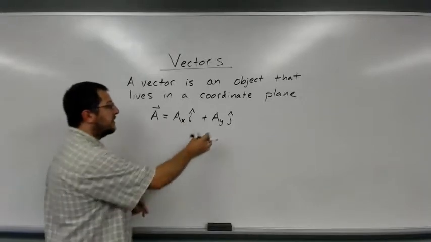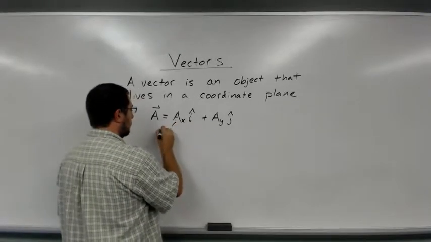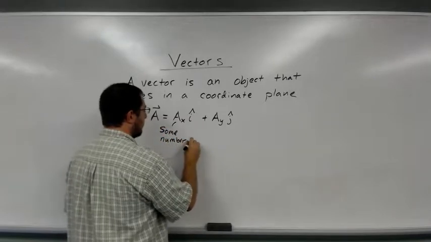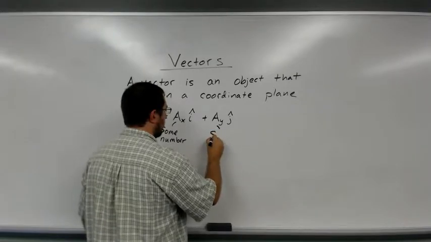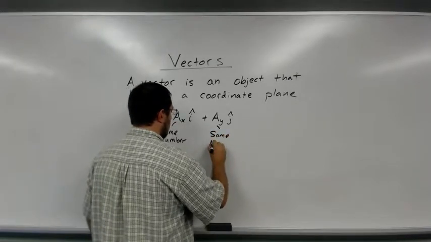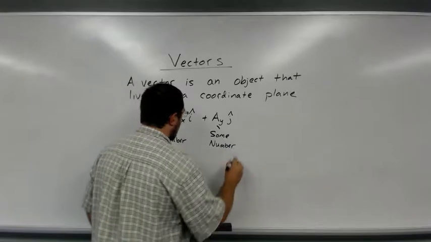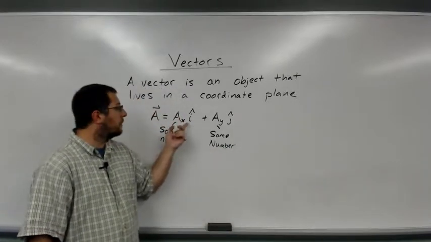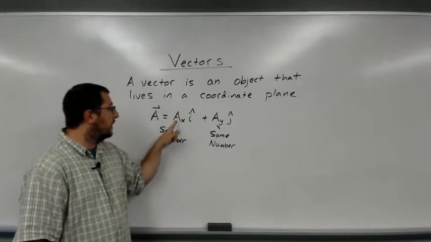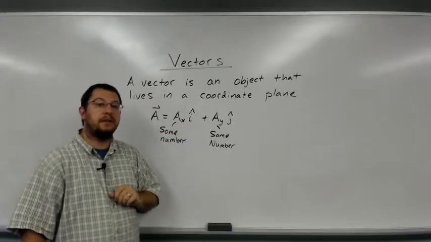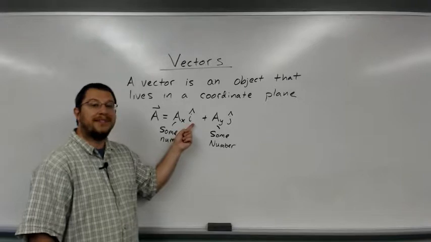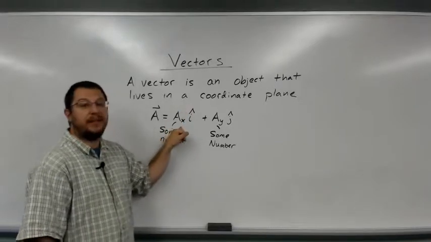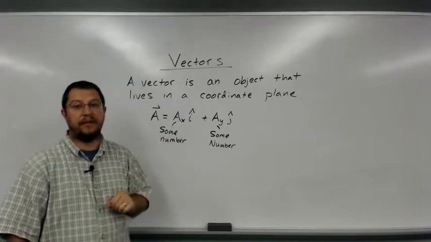So this A_x and this A_y just represent some numbers, okay? And these are what we would call the components of the vector. And so the first number, which typically goes with this i hat, and I'll explain that in a minute, is usually the x coordinate of the vector.